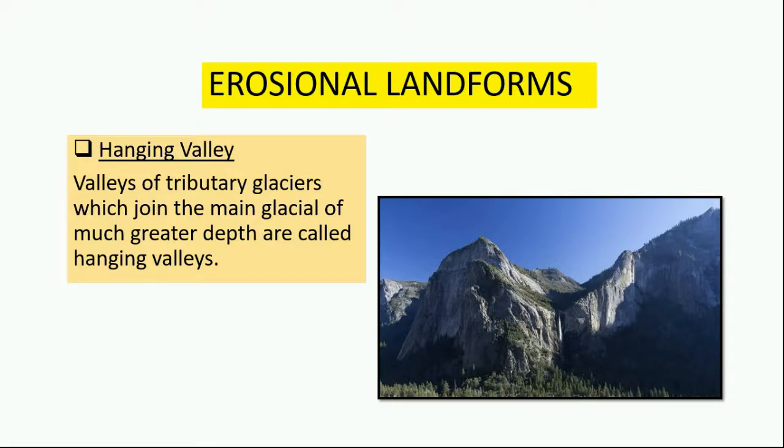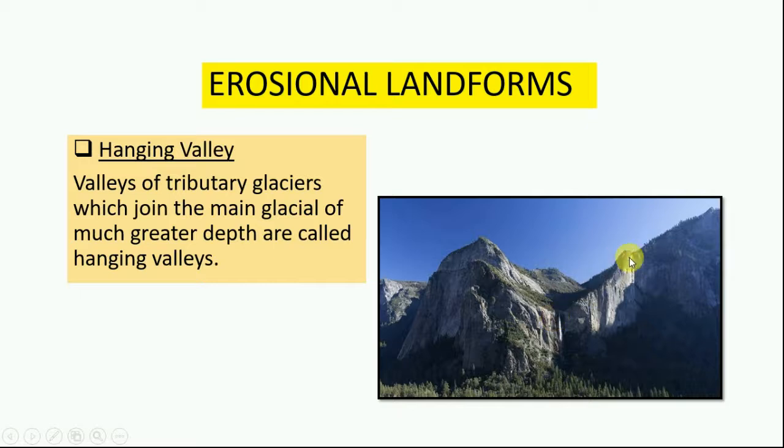Now let's talk about hanging valleys. Hanging valleys are basically with the same concept of a river valley. This is a very deep and broadened valley which was cut by a river previously, and then a glacier flows through it.